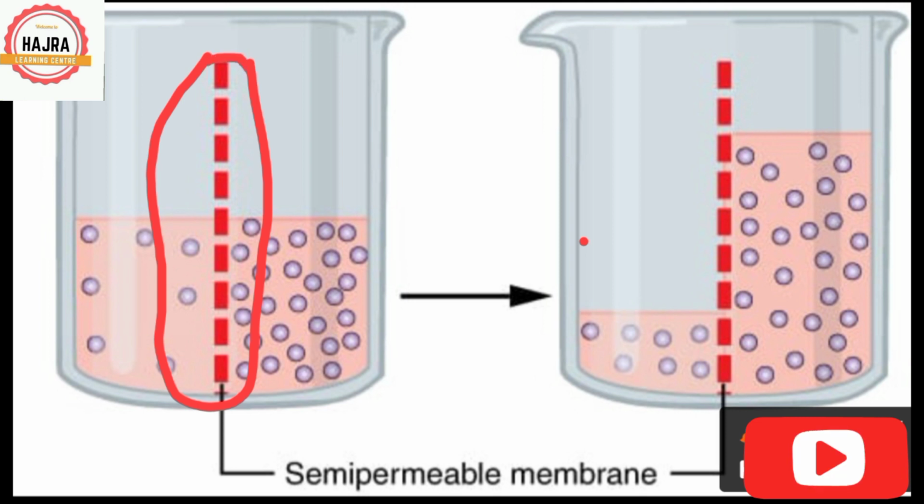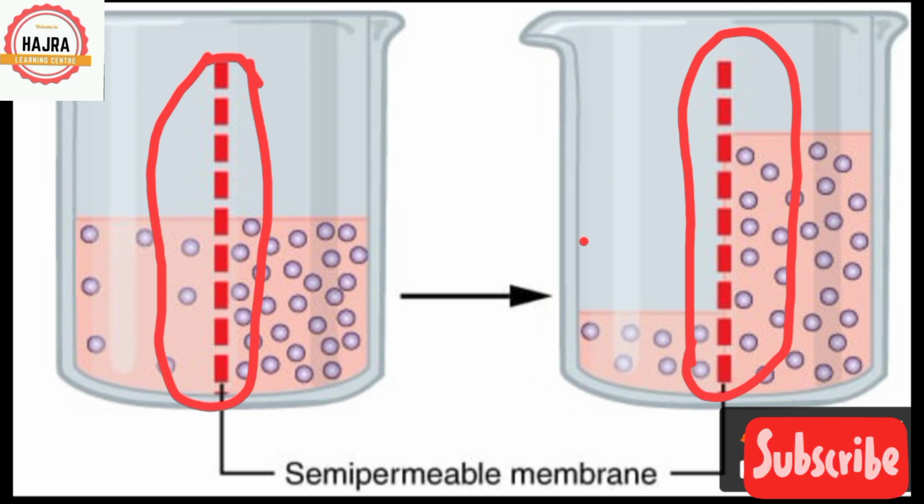The selectively permeable membrane is the plasma or cell membrane, which allows only a few molecules to enter and go out of the cell. That is why its name is selectively permeable membrane.